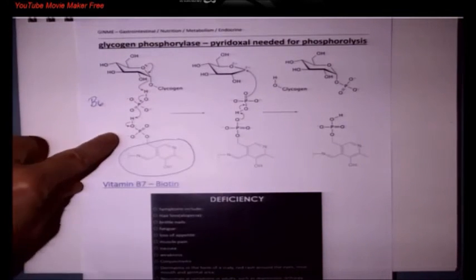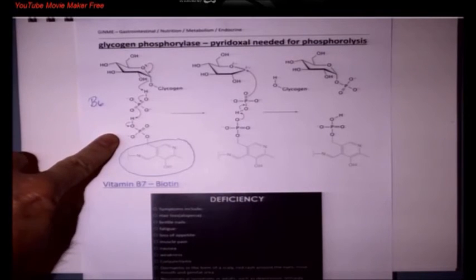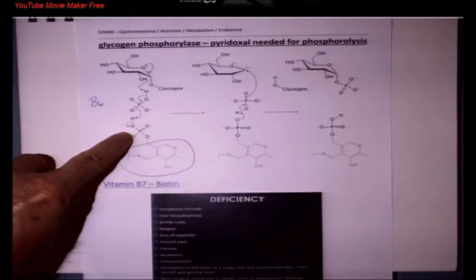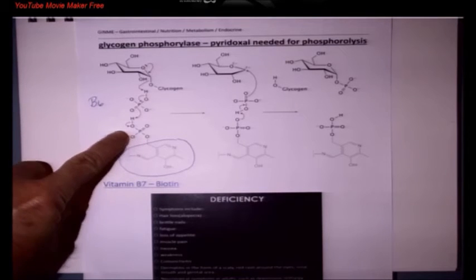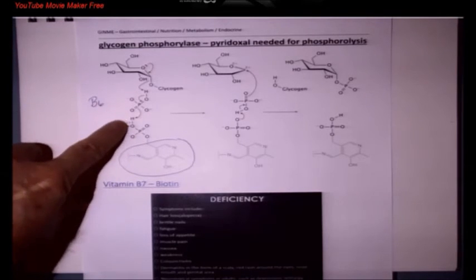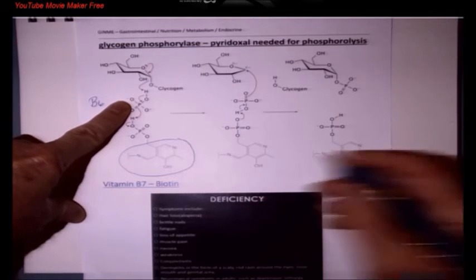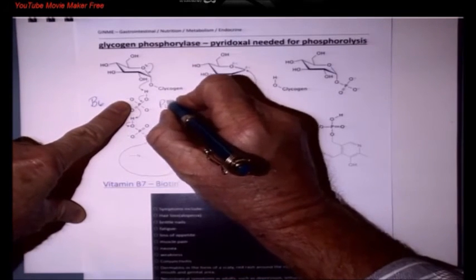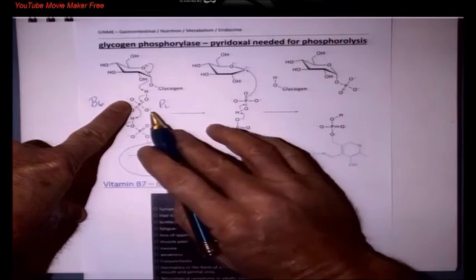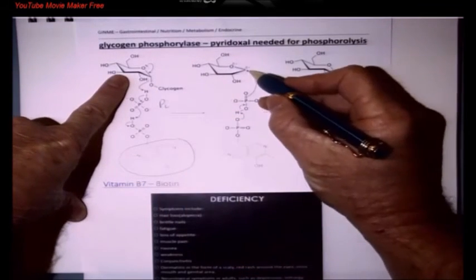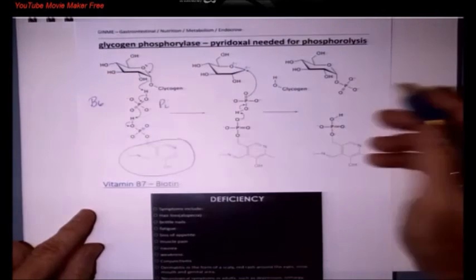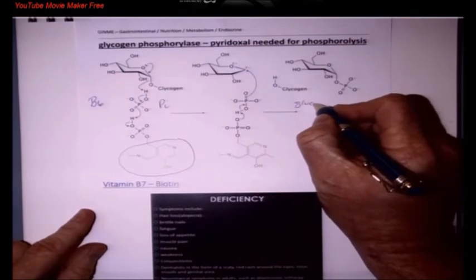So this here is the other end of pyridoxine. The phosphate group on the pyridoxine, making it pyridoxal phosphate, is going to cause a little bit of a change in inorganic phosphate such that it now attacks that bond between glucose and glycogen, releasing glucose.